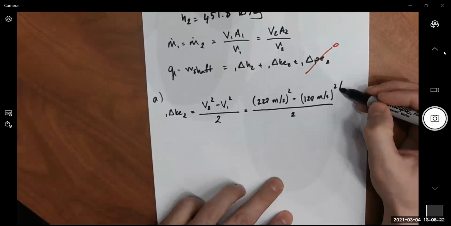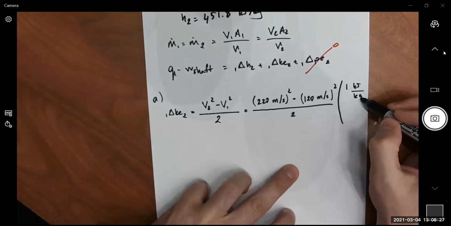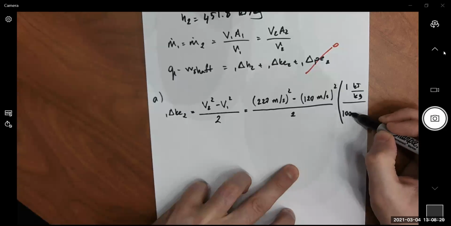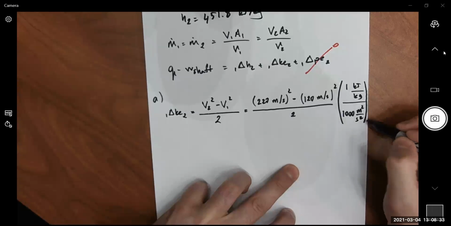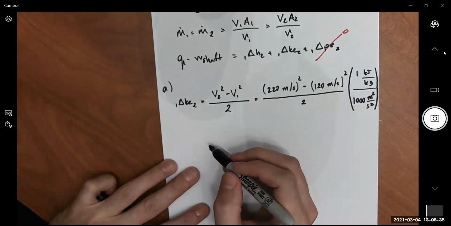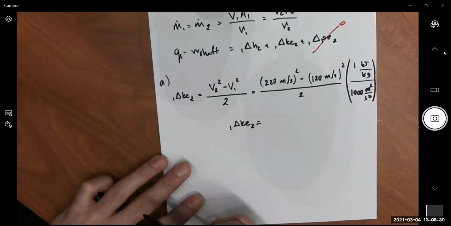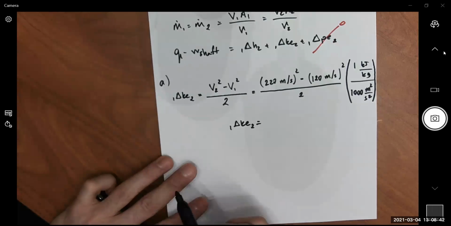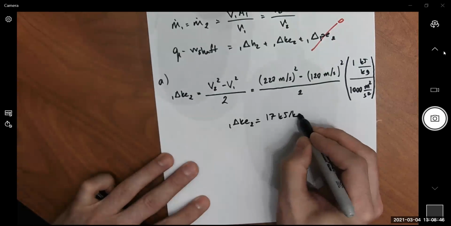Right? And we need the unit conversion, 1,000 meters squared over second squared. From here, the kinetic energy difference from inlet to exit will be 17 kilojoules per kilogram.